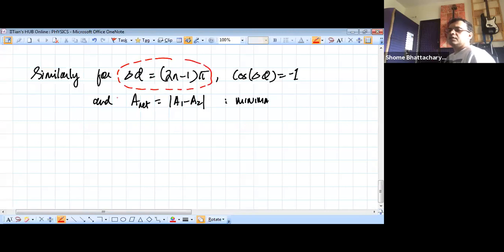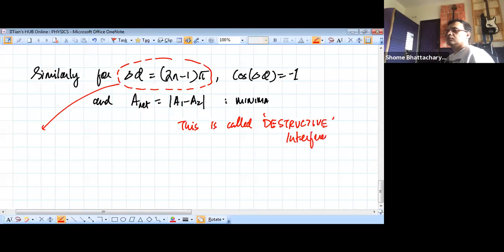This phenomenon is called destructive interference. That is the other extreme case of interference. This is the condition for destructive interference.